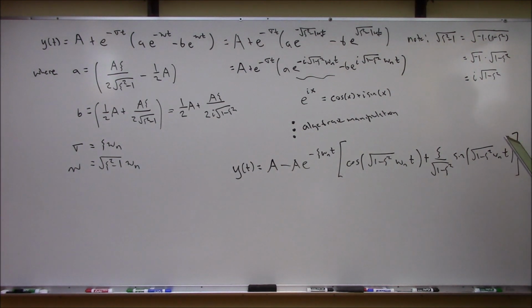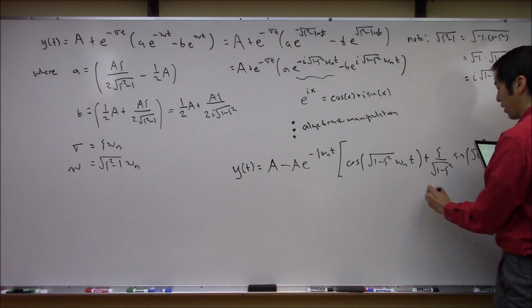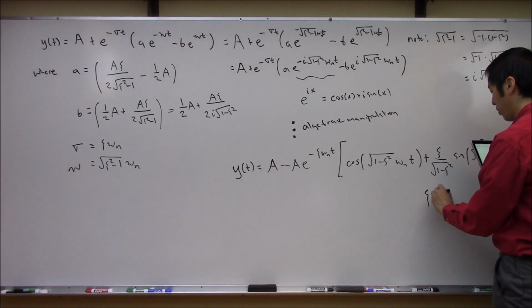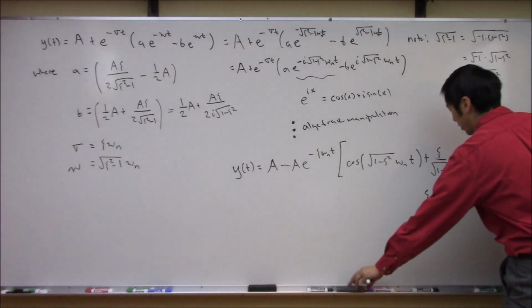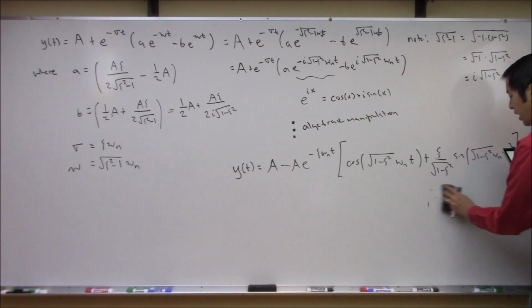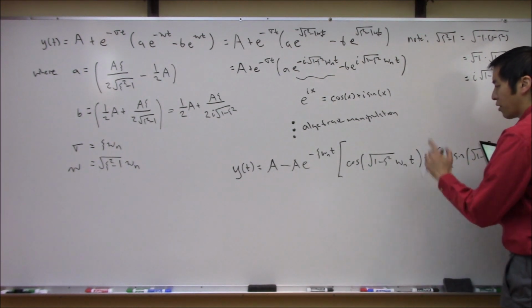Which is kind of interesting because now there's no imaginary numbers, assuming here that zeta is in the range of 0 to 1. Otherwise, you could pop out imaginary numbers here and this might change. But if we're in this regime, this is what we end up with.